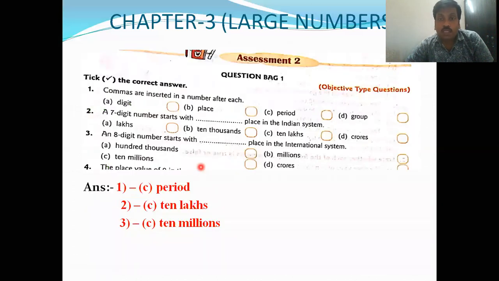Now here is your assessment 2 question bank 1. This type of question also helps for your unit test. In the unit test four options will be given, and one question is given here. Now how can we solve this type of question?